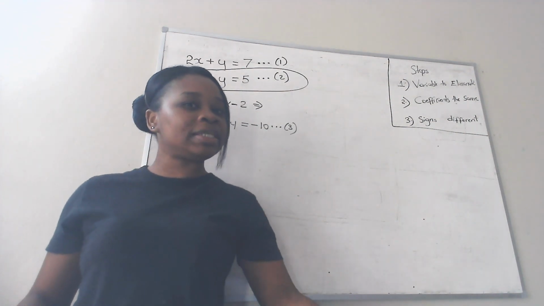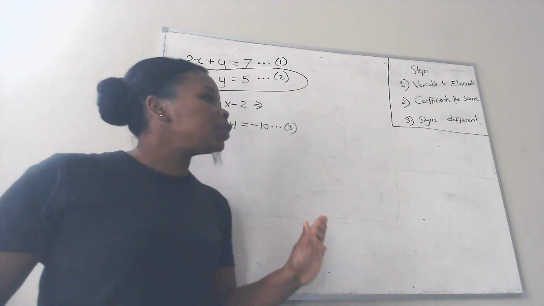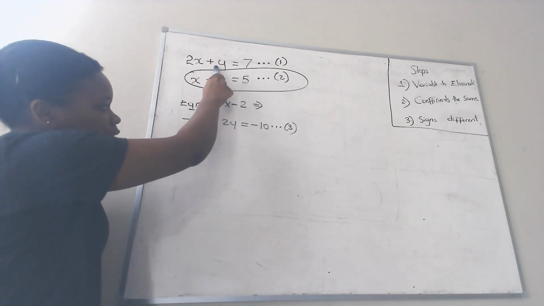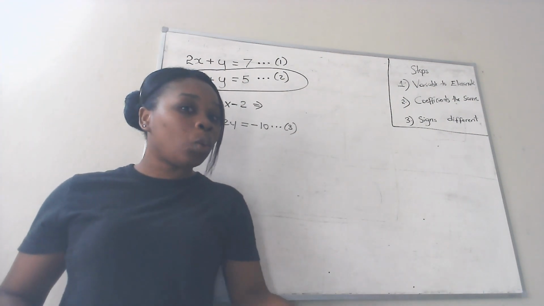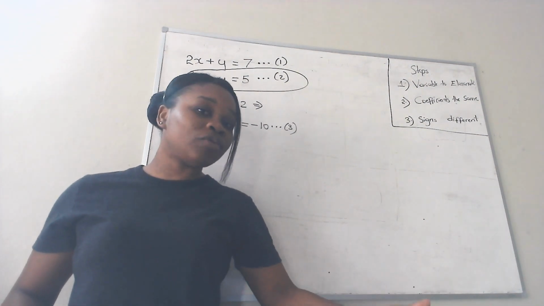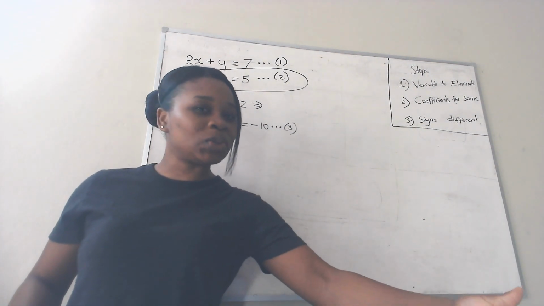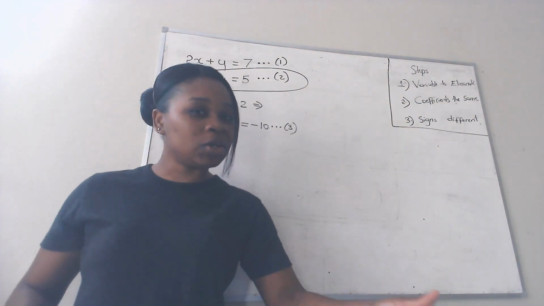So when you don't see the coefficient, it means that it is 1. So if I have 1 and I owe 2, it means I still owe 1. That's minus 1. So I will write that as minus 1y, which is the same as minus y.